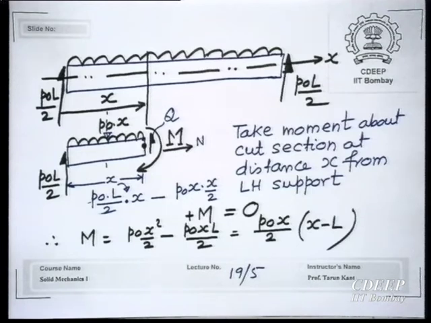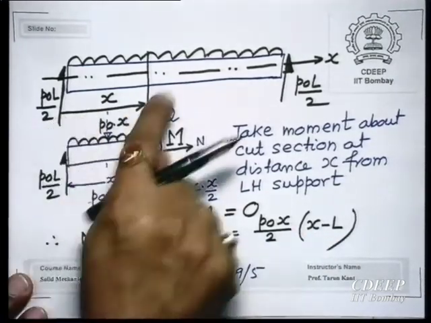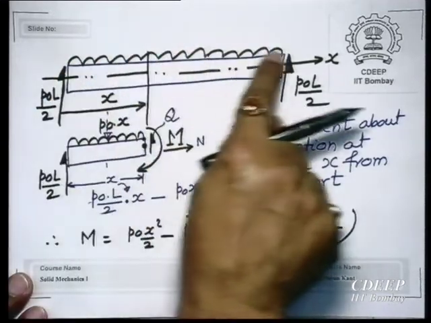So it is a quadratic variation in x, linear plus minus quadratic. So the bending moment diagram varies quadratically along the length. By the way, all that we are deriving is valid because there is no other concentrated force or anything.